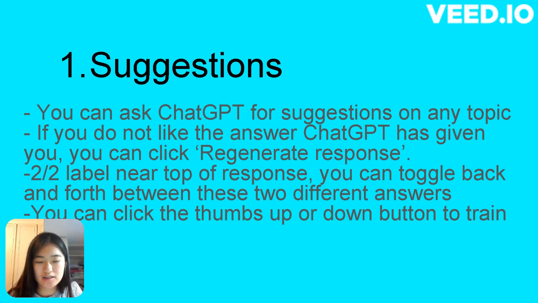So you can just keep regenerating until there's an answer that satisfies you. And you can also then click the thumbs up or down button to train the AI. So if there's something in here that's completely incorrect, you can click on it to provide additional feedback for ChatGPT's answer.